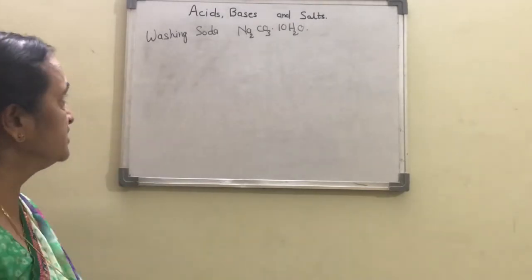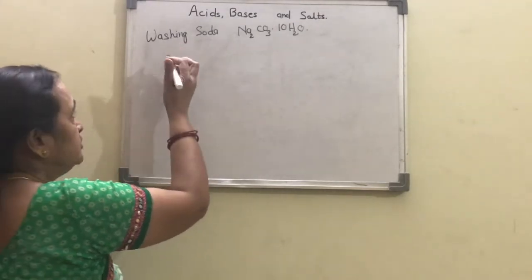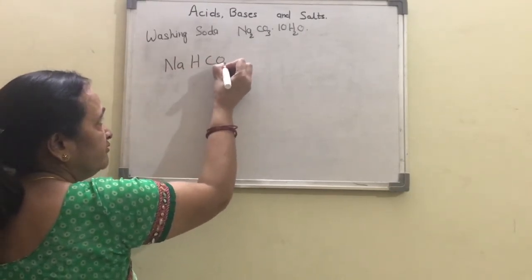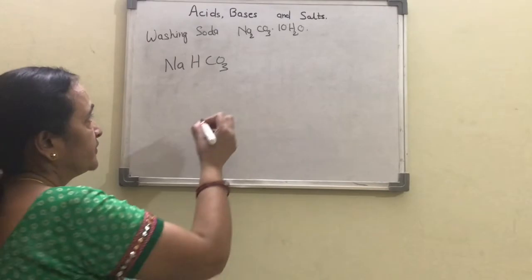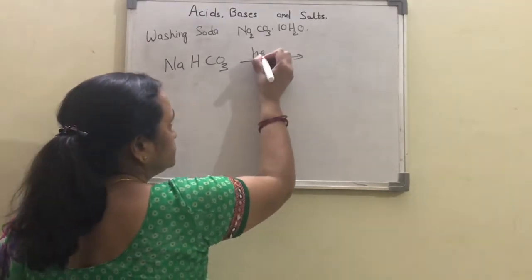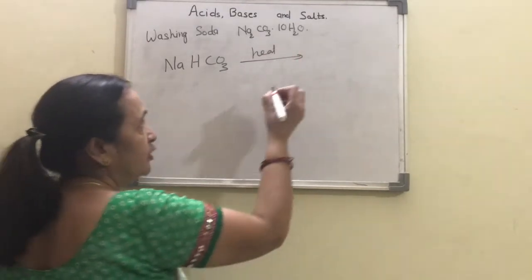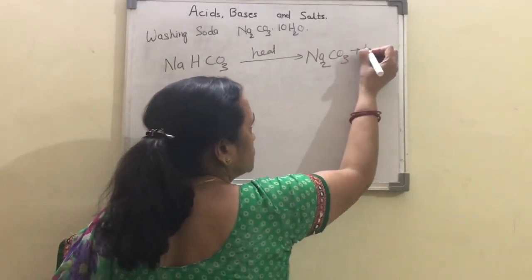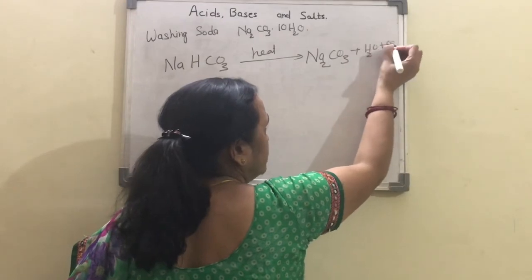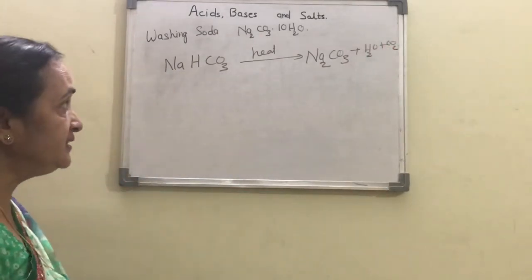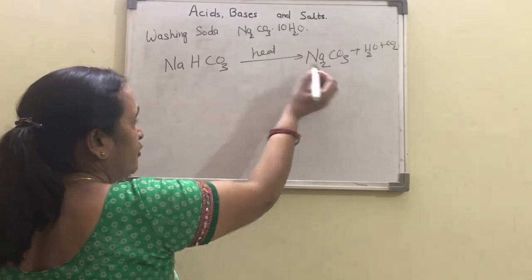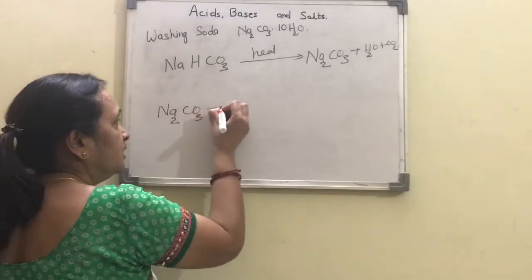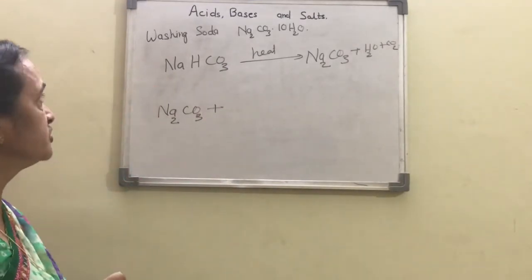So in the preparation of washing soda also, you will write the reaction: NaHCO3, that was baking soda, is heated, then it forms Na2CO3 plus water plus carbon dioxide. And from this sodium carbonate which is formed here, Na2CO3, washing soda is formed.